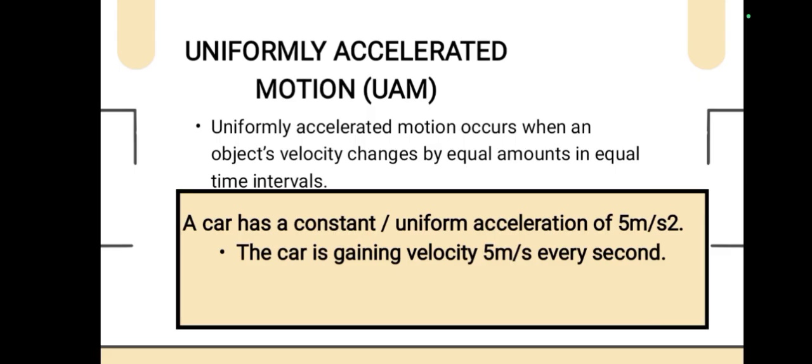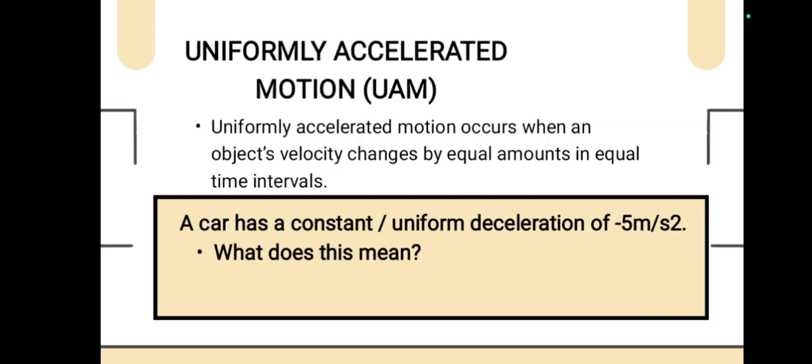So that's the idea behind the uniform acceleration, or a constant acceleration of 5 meters per second every second. So the car is gaining velocity or speed at a constant rate of 5 meters per second every second.